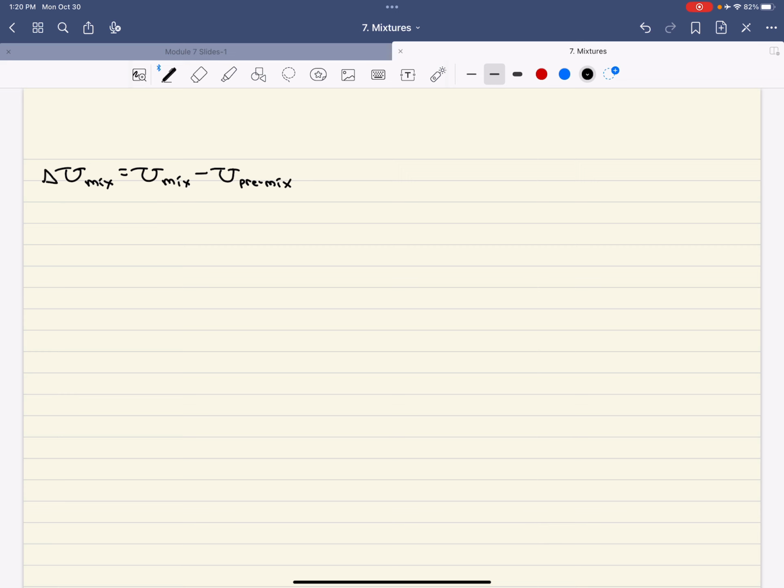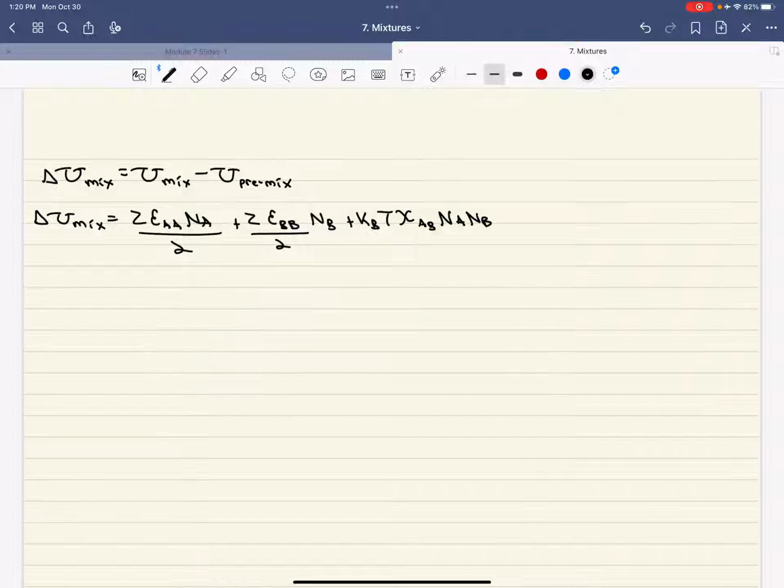So for delta U mix, we'll write the U mix equation we just derived, plus Z epsilon BB divided by 2 NB, and so on over N. Then we're going to subtract off the premix term.